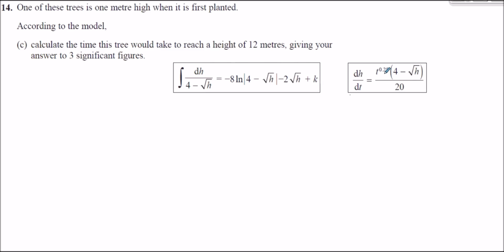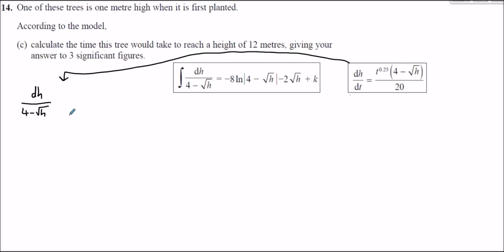What we need to do here is to separate the variables. And so from this, what we're going to end up with is the following. So if I just were to take this here and just plonk here what this is. So basically, if I divide both sides by 4 minus root h, that's going to give me dh all over 4 minus root h.